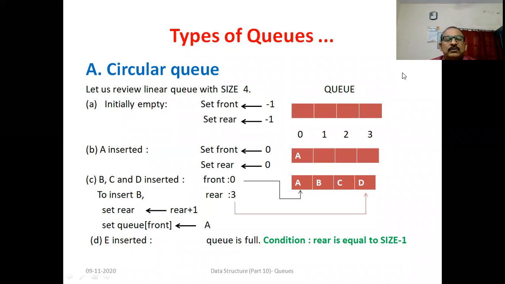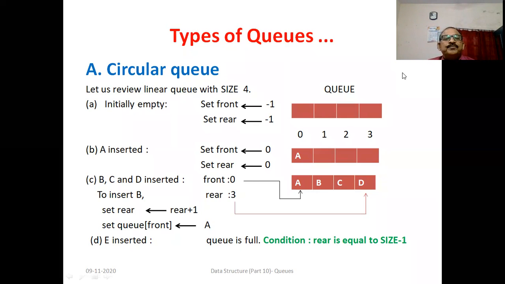Suppose we want to insert an element E, we cannot insert it into the queue. Why? The queue is full, and the condition is rear is equal to size minus 1. When rear is equal to size minus 1, the queue is full, and we cannot perform the addition operation. We have already seen this scenario.